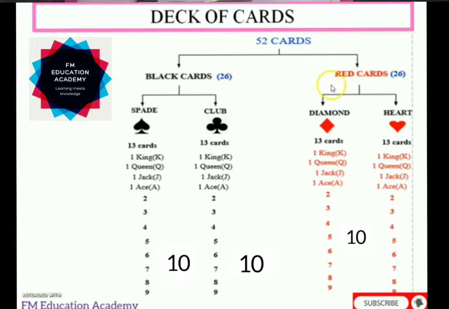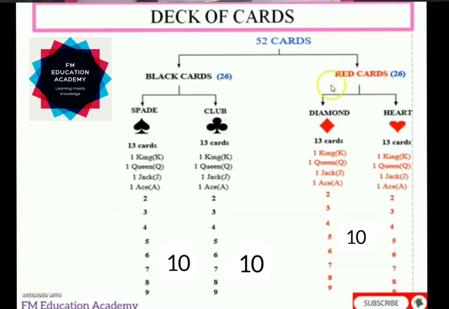There are totally 52 playing cards, and in these 52 cards, as you can see on the screen, there are 4 groups of 13 cards each: clubs, diamonds, spades, and hearts. Clubs and spades are black in color, and hearts and diamonds are red in color. That is, 2 groups are red and the other 2 groups are black.